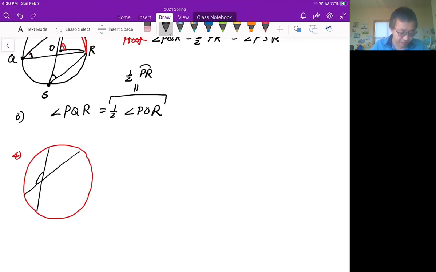So I get A here, B here, and P is here, and this is A, B, C, and D. I just take an arbitrary angle inside the circle, APB. So I want to figure out the measure of the angle APB. How do I get it?